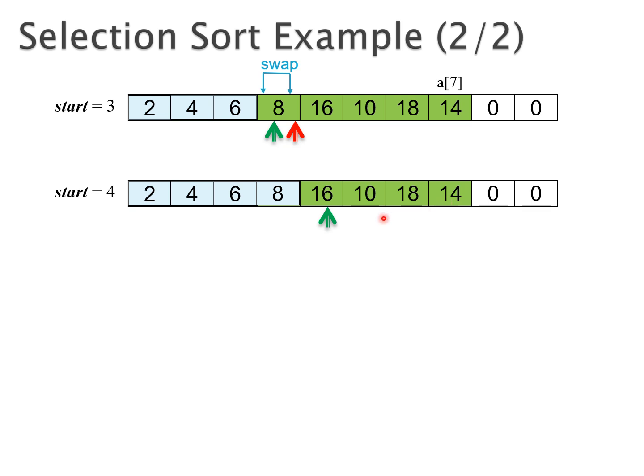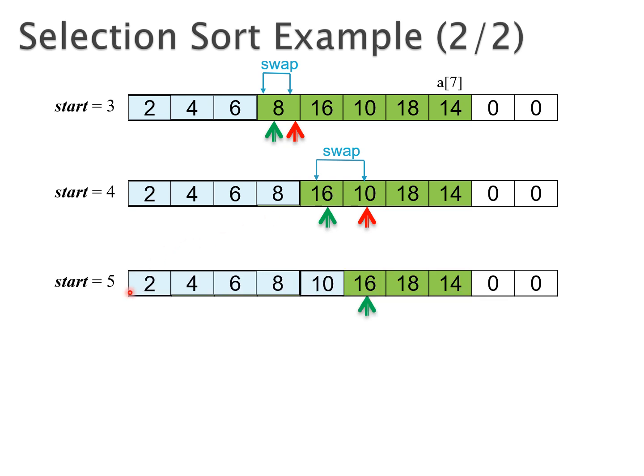And again, we look for the smallest element in the current unsorted segment, and it is at index 5, and then we swap it with the first element of the current unsorted segment. And after swapping, we move to the next iteration with start equal to 5. And so the unsorted segment is now from index 5 to index 7.